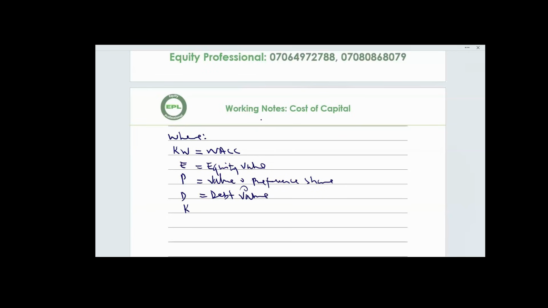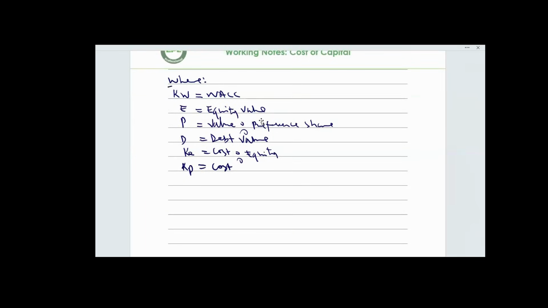Then KE, you already know that to be cost of equity, KP equal to cost of preference share, then KD, cost of debt.